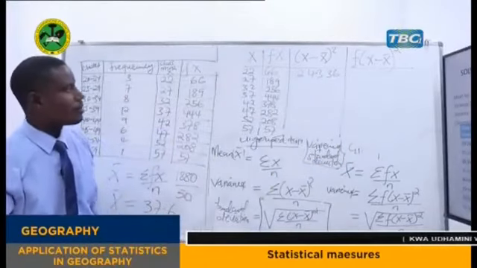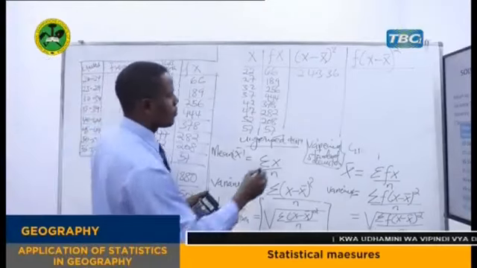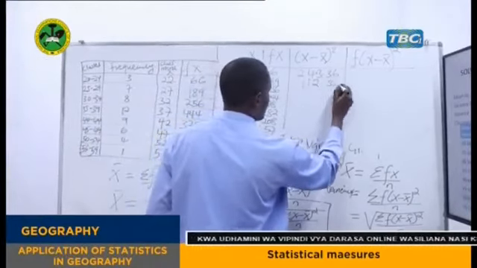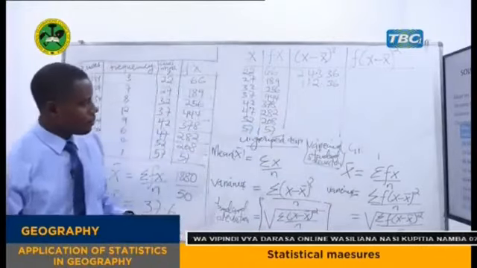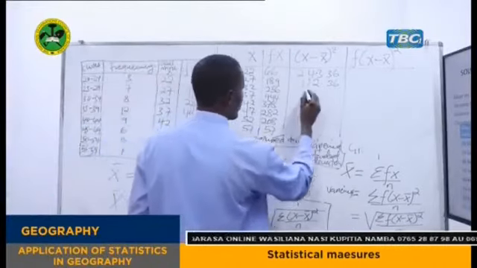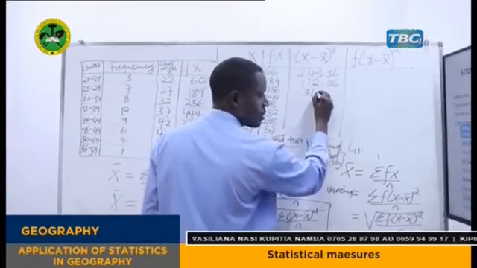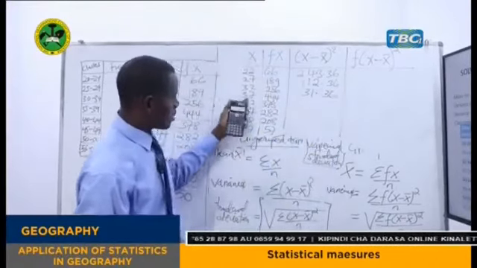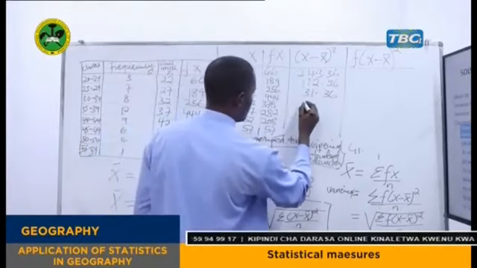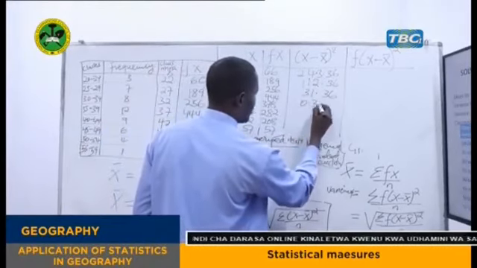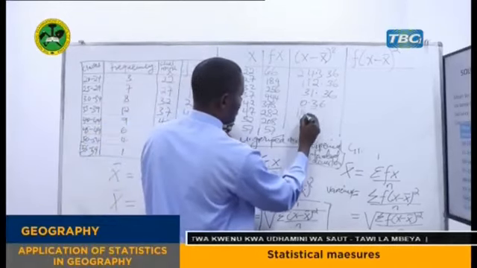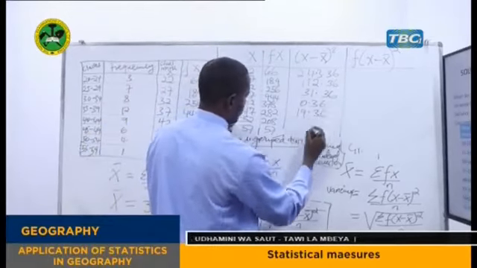Then if you go for the next one, you'll be doing the same. Then you come up with 112.36. If you go for the next column, you'll come up with 31.36. The other column, you'll come up with 0.36. The next one, you come up with 19.36.